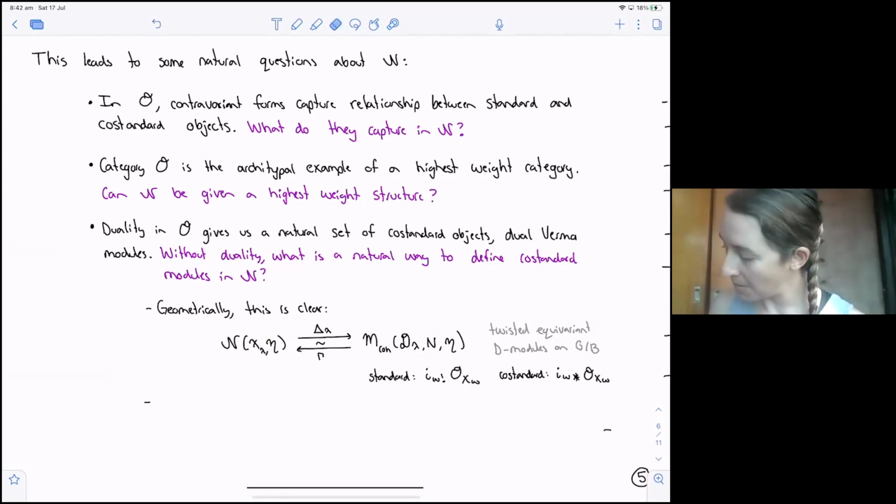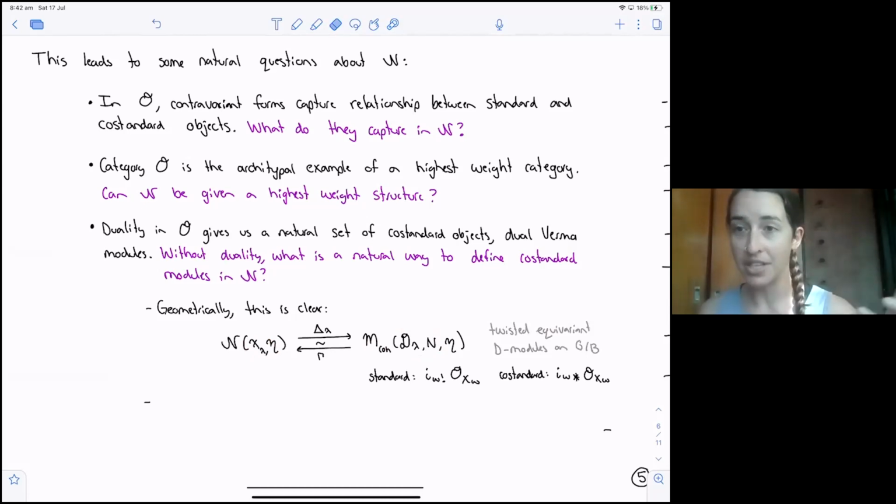In this D-module category, there is a notion of standard and co-standard object because we have two different types of pushforward, star pushforward and shriek pushforward. Standard objects are formed by taking the shriek pushforward of the structure sheaf on some Bruhat cell, and co-standard objects are formed by taking the star pushforward of some structure sheaf. So this problem with duality doesn't exist geometrically. We have a duality in terms of holonomic duality.